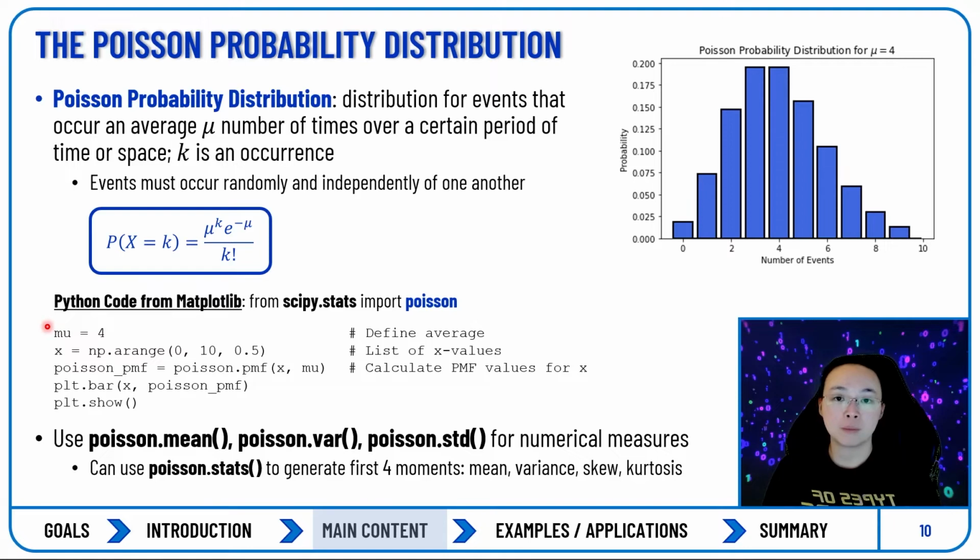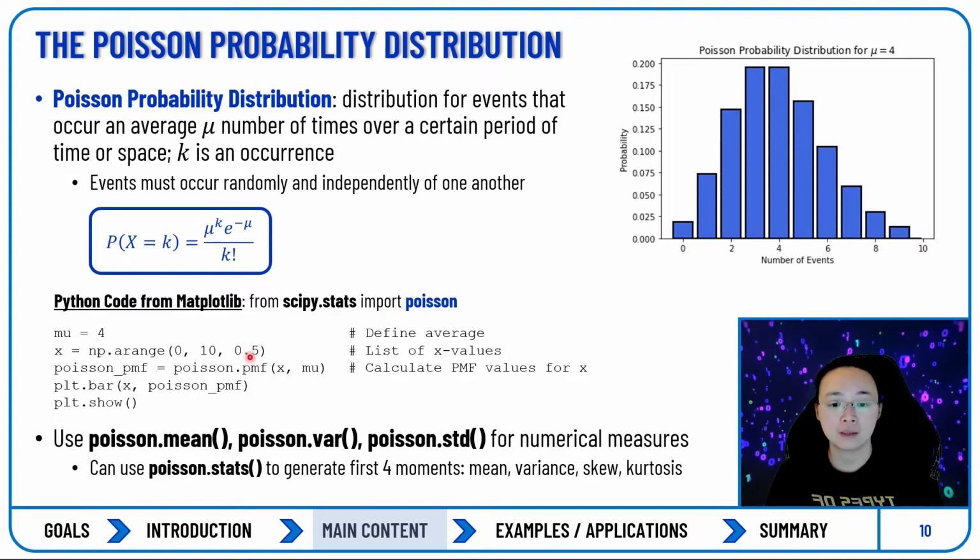With the Poisson probability distribution, we now have an average, so we need to define mu, and let's just say it's equal to 4. We then have to set our x-axis. So we have a range of values, let's say from 0 to 10 for the number of events we want to test, and we're going to use half steps for each of these.